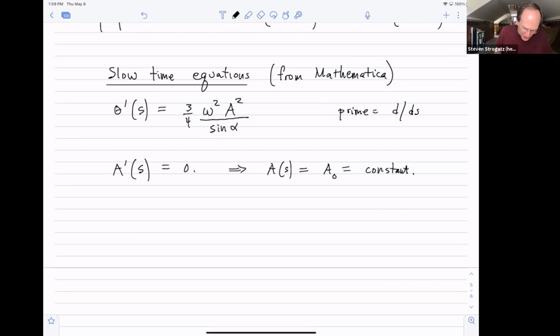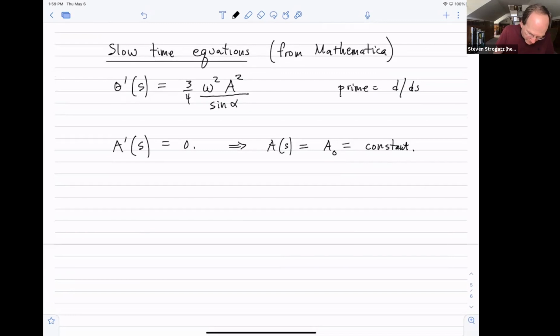And so then I can substitute that in for theta prime. And you see that theta prime is itself constant, 3/4 omega squared A0 squared all over sine alpha. So that's pretty easy to integrate because that whole expression is constant.